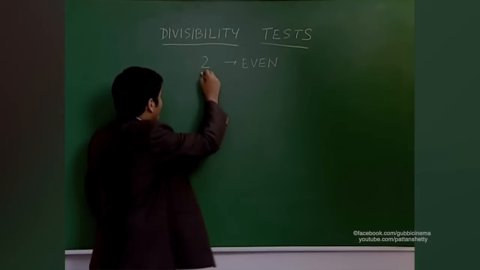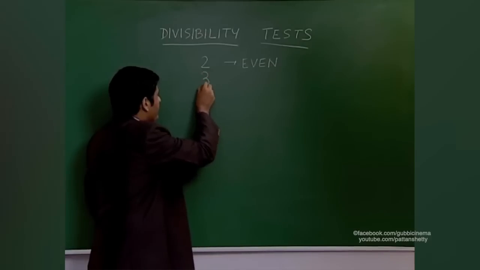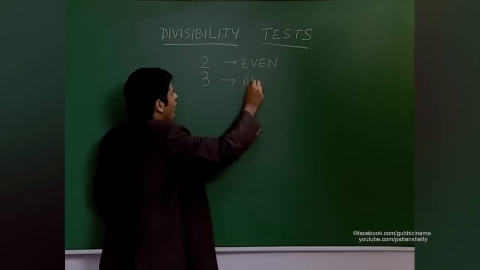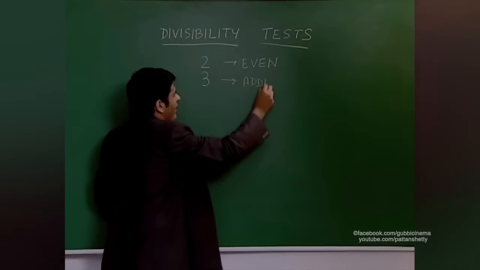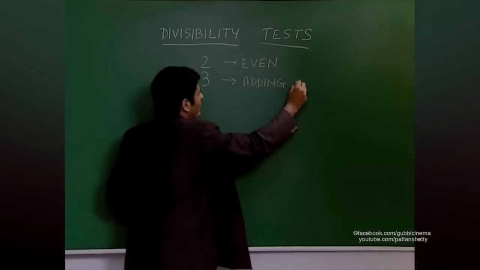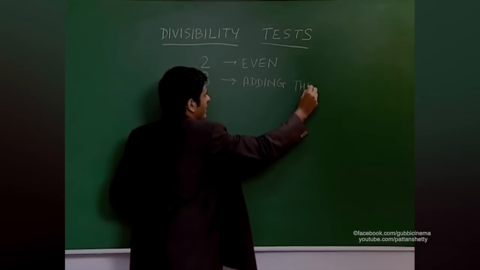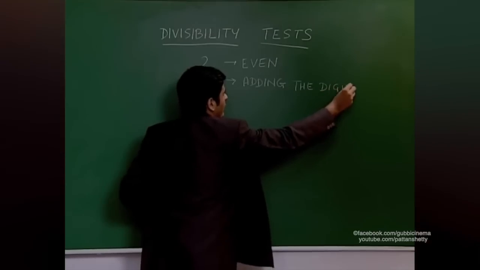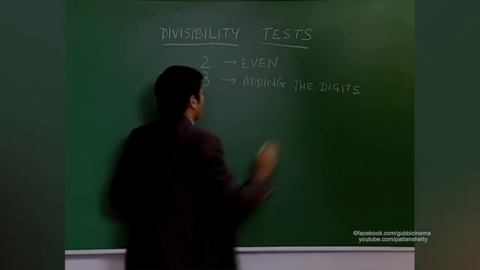Next, to check the divisibility test of 3, we follow a concept of adding all the digits. Whenever a number is given to you, you add all the digits and see if the sum is divisible by 3, then the whole number is divisible by 3.